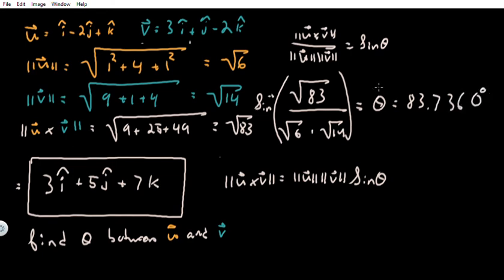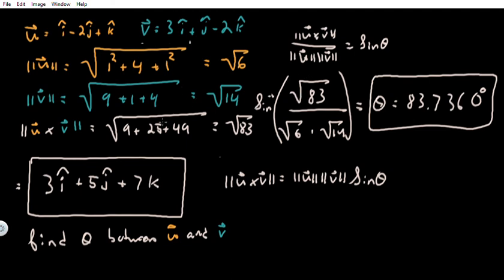This would be the angle between the vectors, close to perpendicular. And remember, if they were perpendicular, their dot product would be 0, but their cross product would not be 0. In fact, their cross product will be maximized because sine theta would be 1.